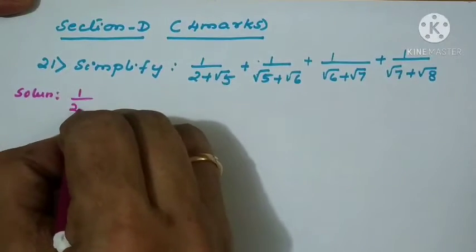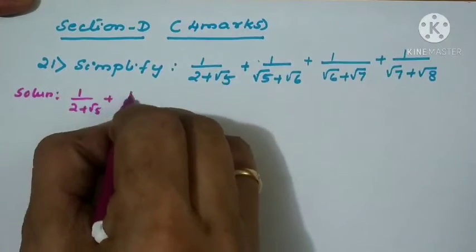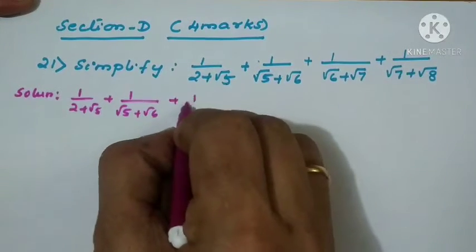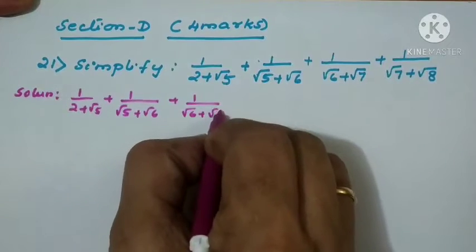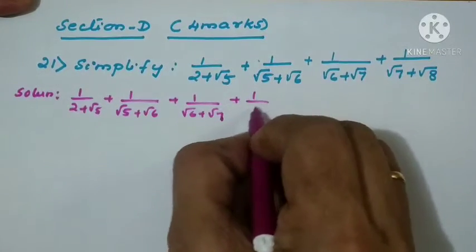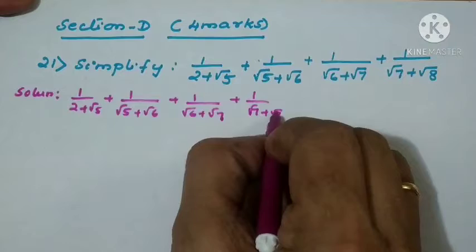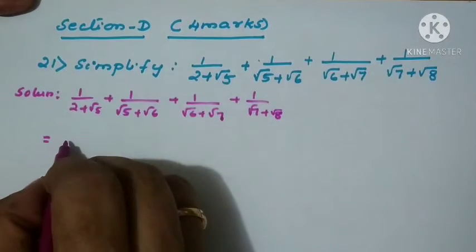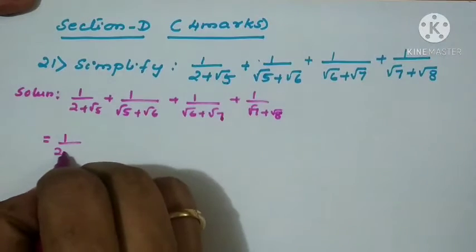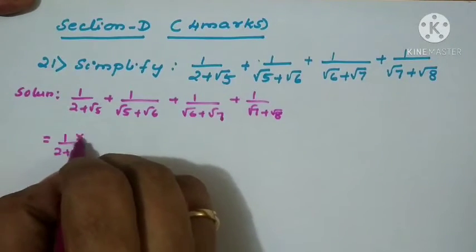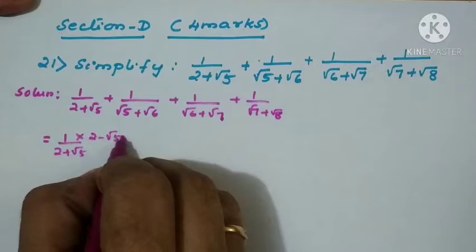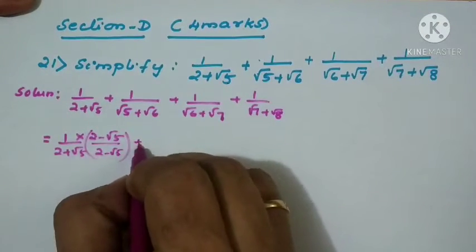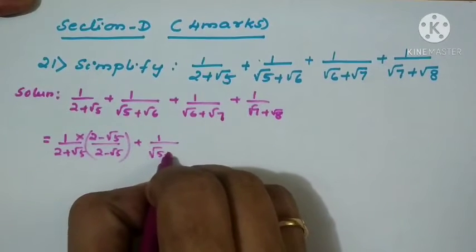1 by 2 plus root 5, plus 1 by root 5 plus root 6, plus 1 by root 6 plus root 7, plus 1 by root 7 plus root 8. It is equal to 1 by 2 plus root 5 into 2 minus root 5 by 2 minus root 5, plus 1 by root 5 plus root 6.